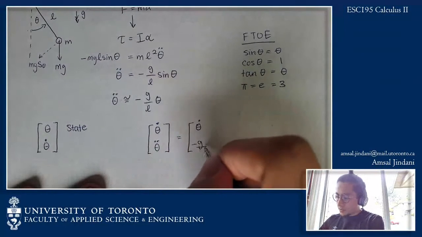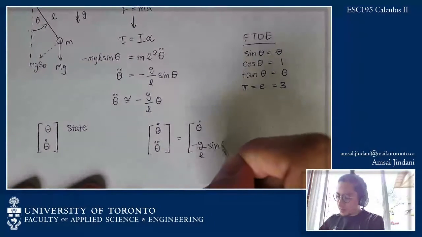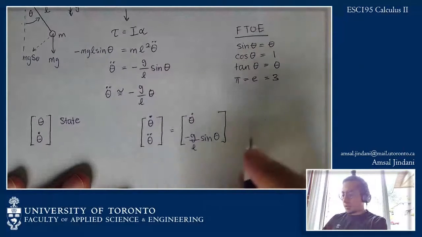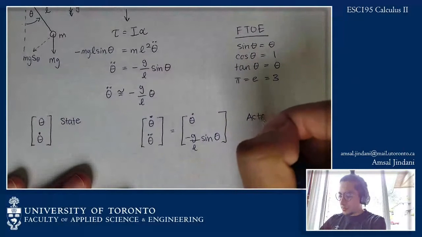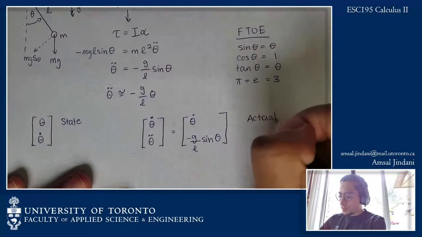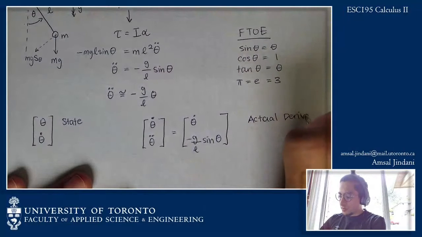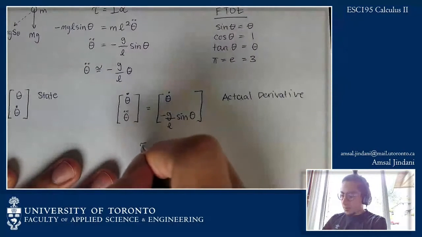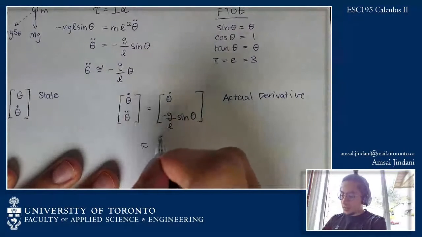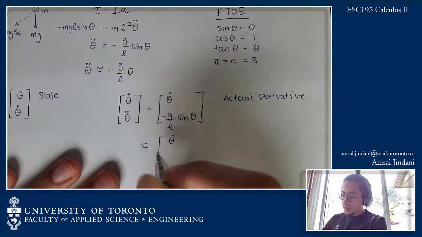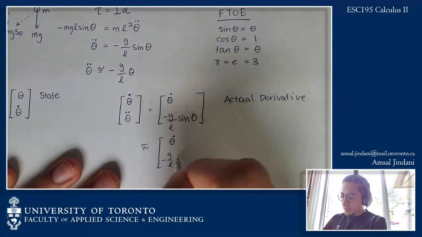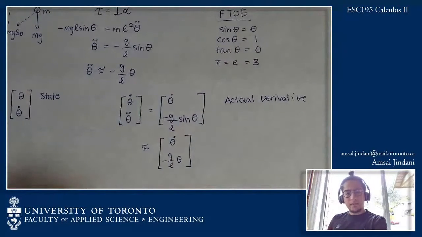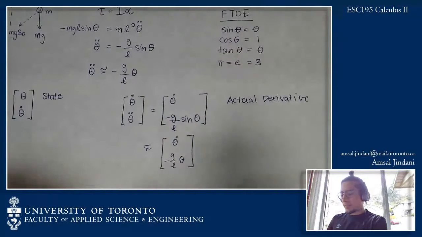So this is our actual derivative. Our approximate derivative using what we have over here is theta dot, and then you have minus g over L theta, where you approximate sine theta with just theta.